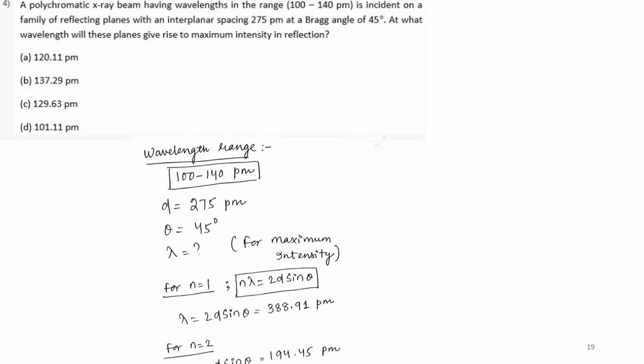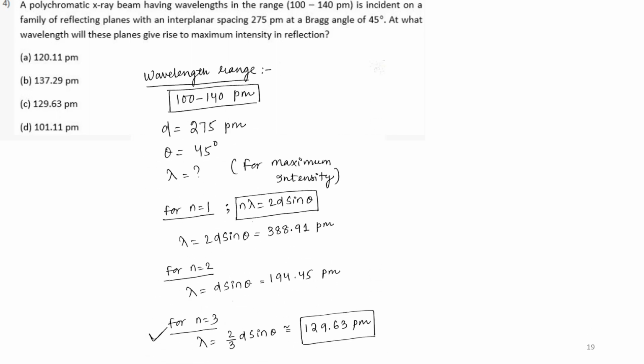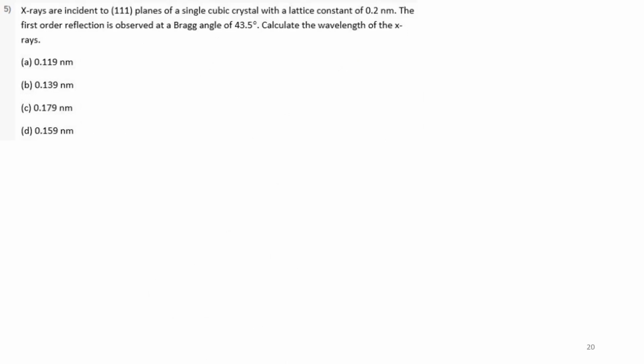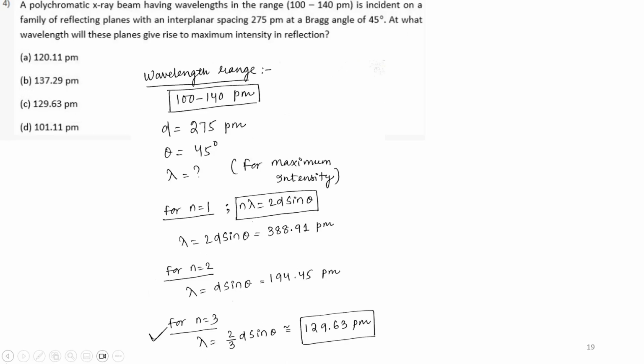Okay. So see here, the wavelength range is 100 to 140 picometer. The d value which is given is 275 picometer and theta is 45 degree. So what will be the lambda value? That is the question. So for n equal to 1, we can use Bragg's law: n lambda is equal to 2d sin theta, that is equal to 388.91 picometer.